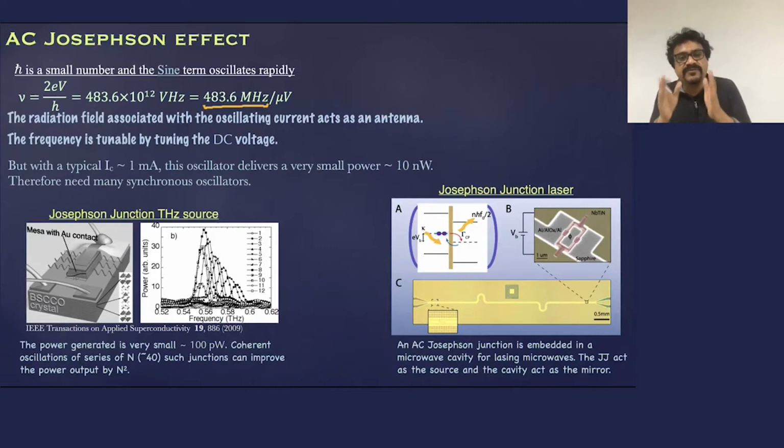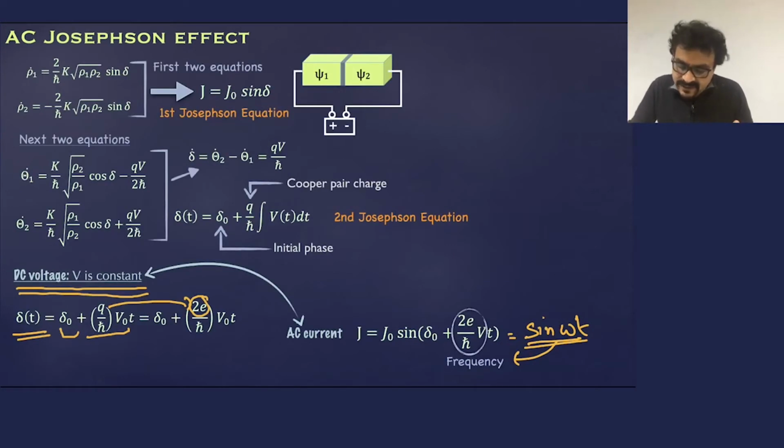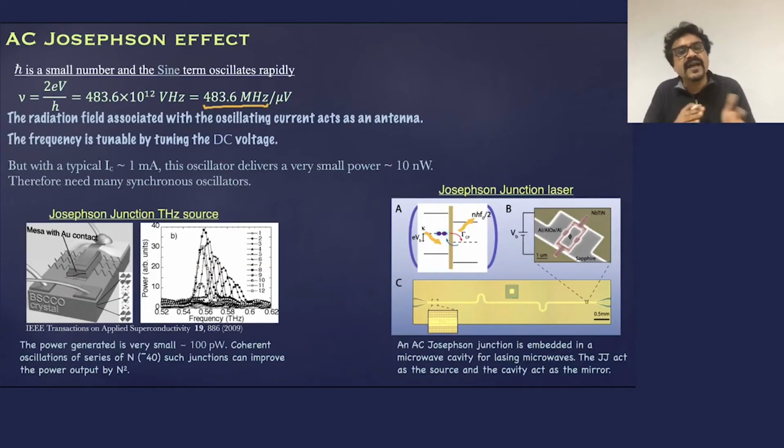When you apply the voltage across the junction, the oscillating current given by this relation is going to act like an antenna and is going to emit radiation in this frequency.